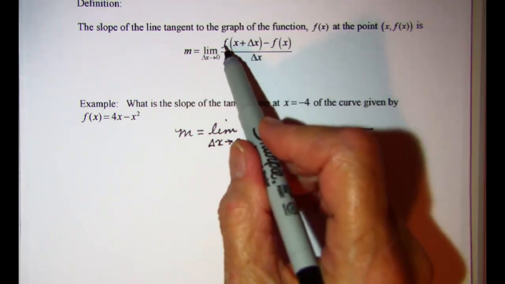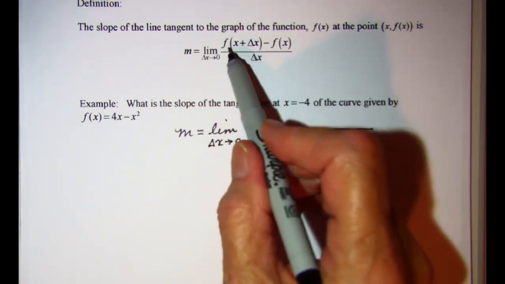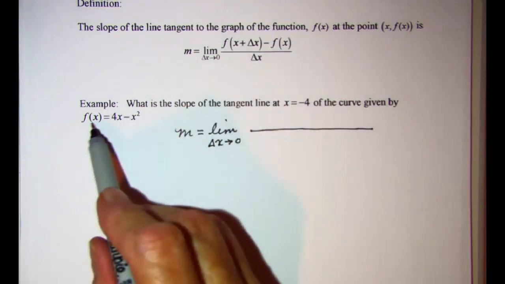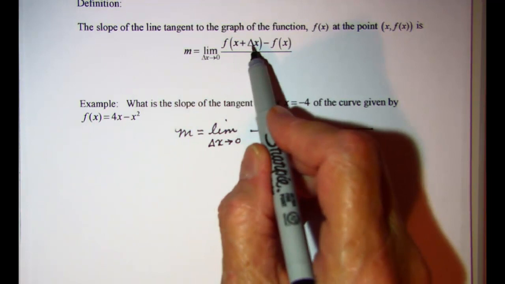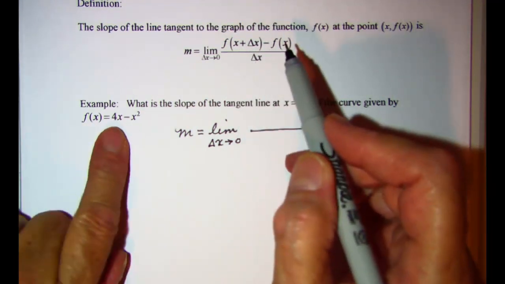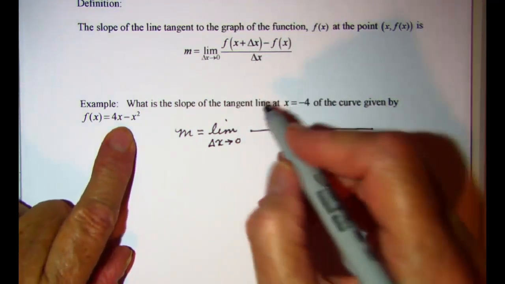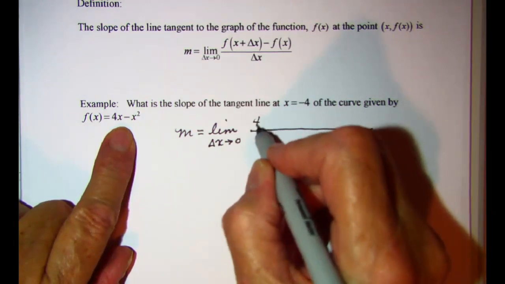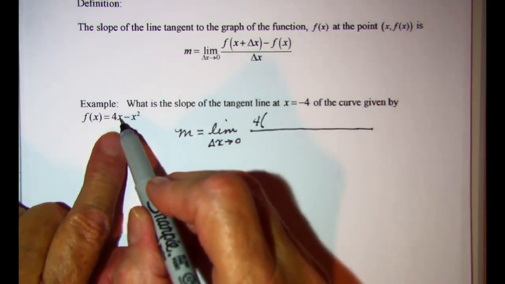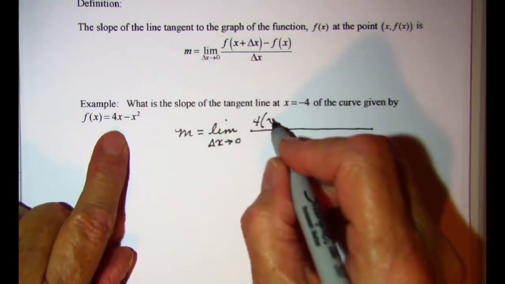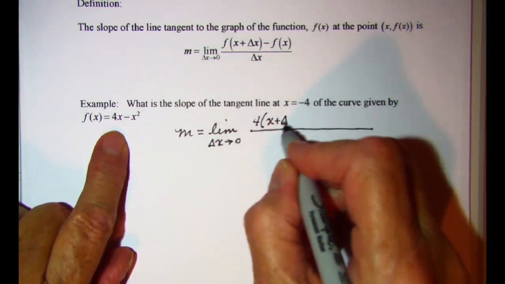Now in place of x in our function, we want to sub in x plus delta x. So in our function, we have 4 times the quantity, in place of x, we're going to take that x out and put in x plus delta x.